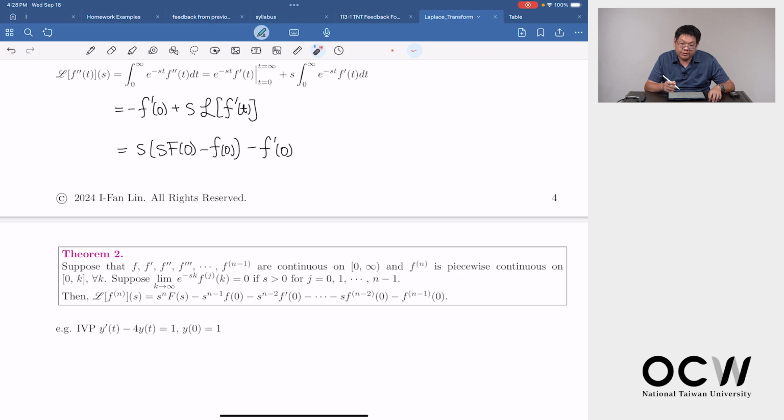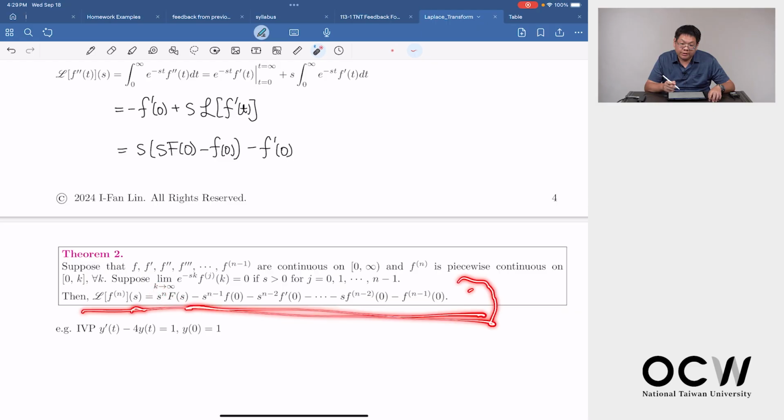Also suppose the limit is 0 when k goes to infinity of e to the minus sk times the jth derivatives at k. Then the Laplace transform of your derivative is s to the n times F of s and so on. This is the formula.